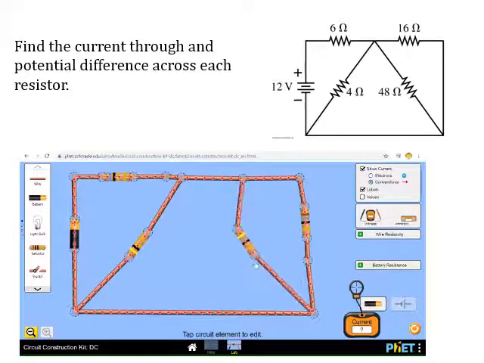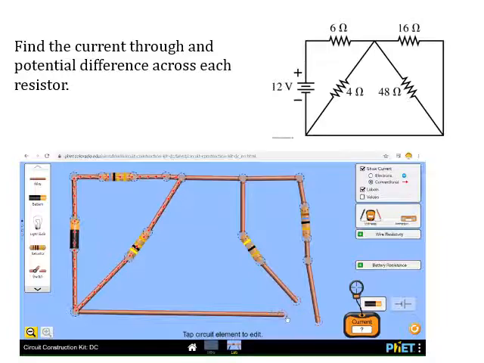Okay, now I'm going to take my 48 ohm resistor and the little snippet right down there in the corner, and add a couple pieces of wire down there. Not going to change anything about the circuit because it's just pieces of wire with absolutely no resistance. Put in another little snip of wire. Okay, now those are hooked up. This looks a little bit more like the traditional parallel connection.